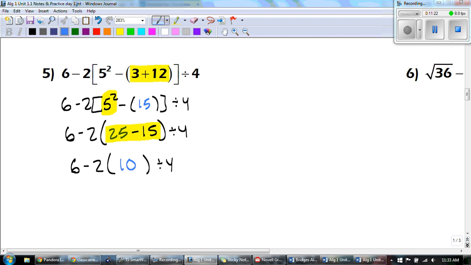Okay. Now, order of operations. I have to multiply. Mr. Grice, I don't see multiplication. It's right here. When there's a number next to parentheses, that means to multiply. Okay? So, negative 2 times 10 is going to be, whoops, negative 20.